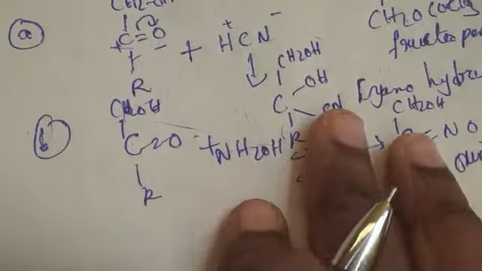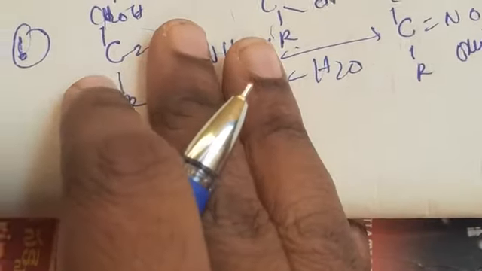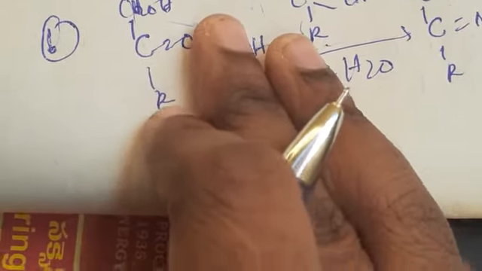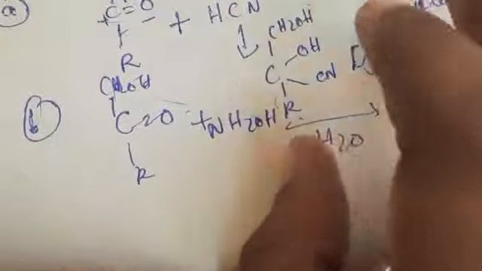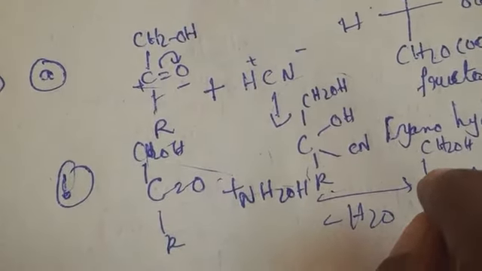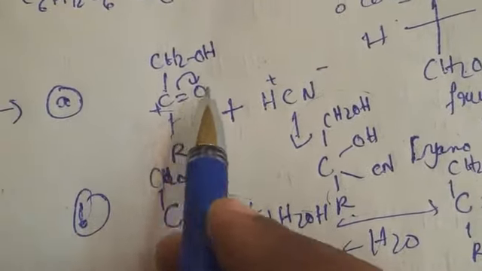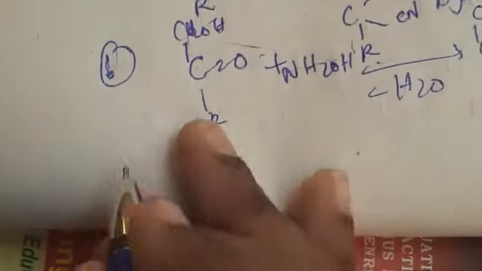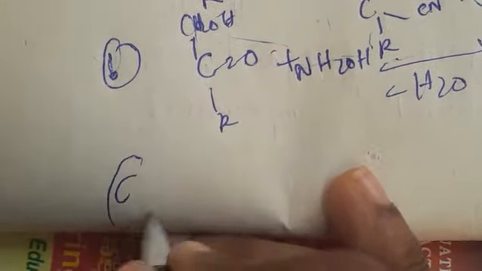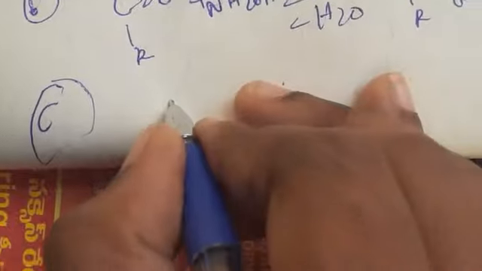By this we are indicating that a carbonyl group is present, but which group is present? A ketone group. To confirm the ketone group, we do oxidation.